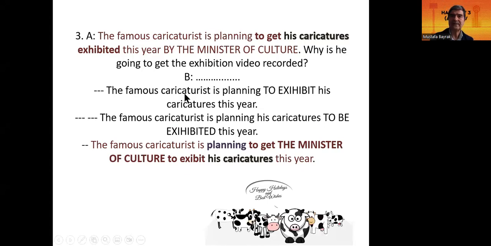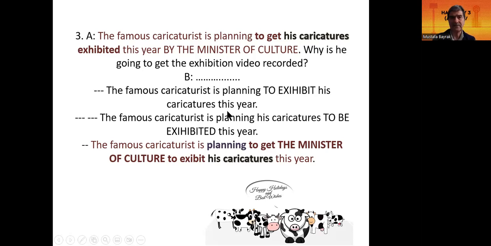He's going to get the exhibition video recorded because he wants to exhibit them more than once. The famous caricaturist is planning to exhibit his caricatures this year.